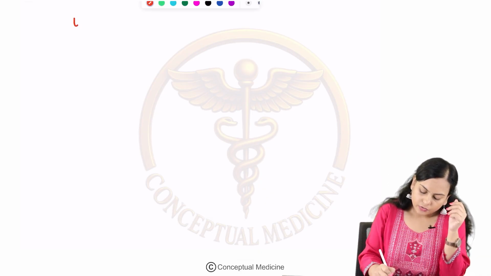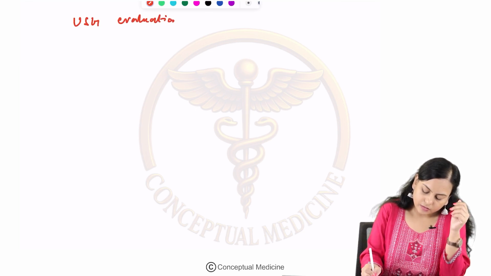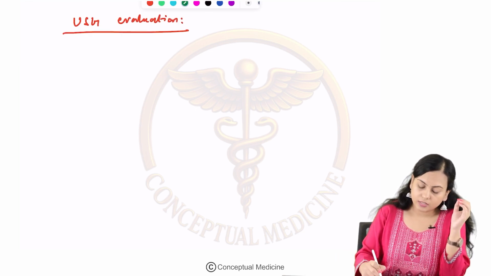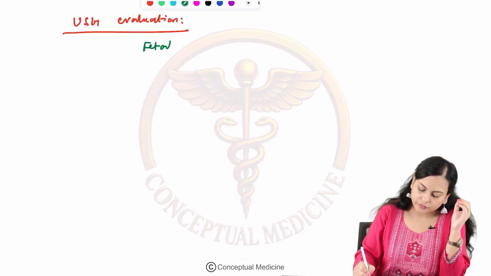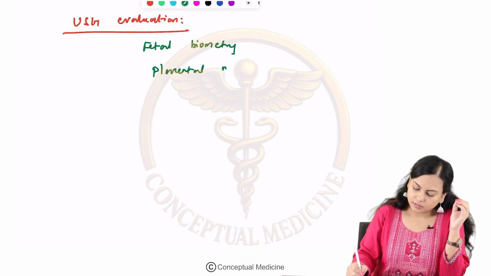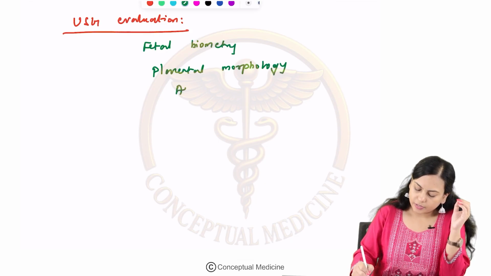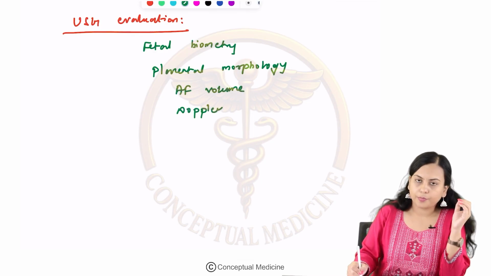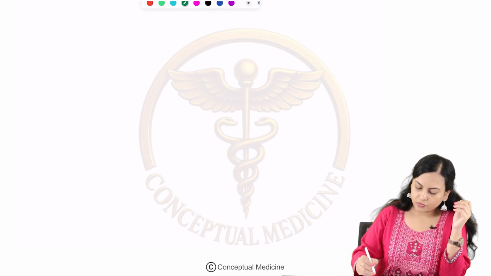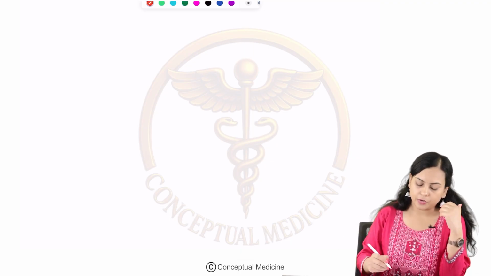Okay, so if you take USG evaluation, this includes you have to study about the fetal biometry, the placental morphology, amniotic fluid volume, okay, and the Doppler. Clear? So we'll see about the fetal biometry first.